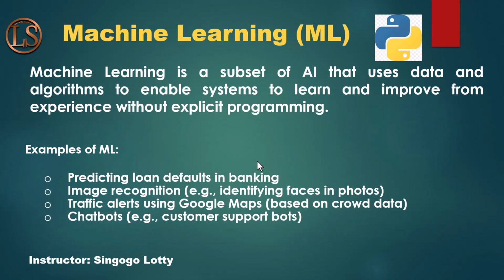Let's talk about machine learning as well. Machine learning is a subset of AI that uses data and algorithms to enable systems to learn and improve from experience without explicit programming. As examples of machine learning, you are able to train machines to predict, say in a bank, based on how a person has been paying their loans, that this one is going to default.